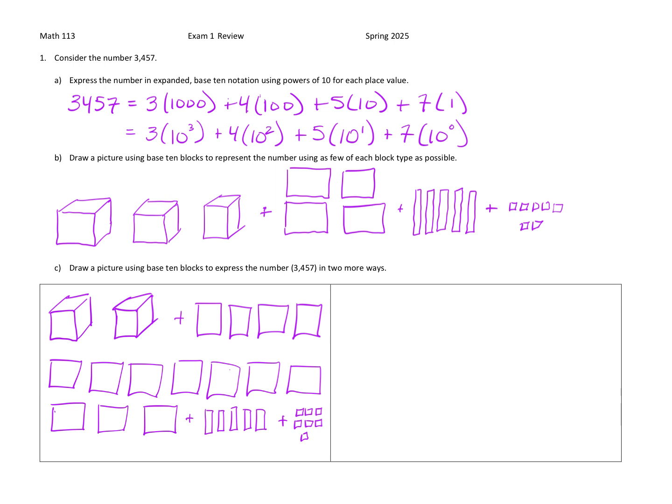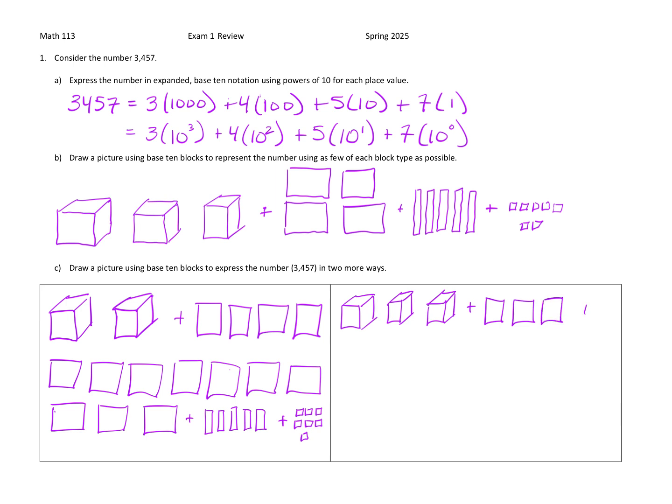So I'm going to keep my 3 large cubes. And then I'm only going to draw 3 flats because I'm going to take the fourth one and I'm going to trade it for 10 longs.